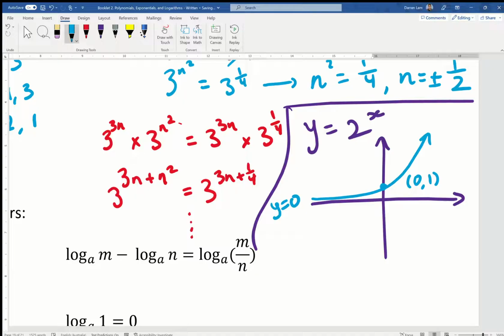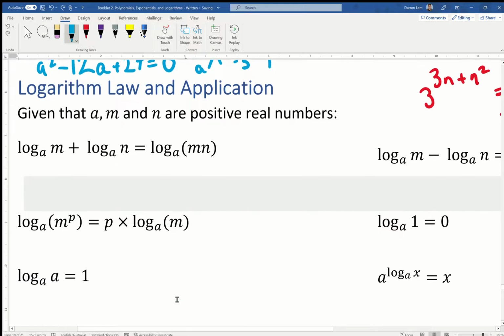Things like, what happens if I have x minus 1? If I have x minus 1, it's the same as saying f of x minus 1, so I shift 1 unit to the right. The same transformation rules apply for exponentials as they do for our other polynomials as well. Any questions? Okay. Let's move on. Logarithmic laws.